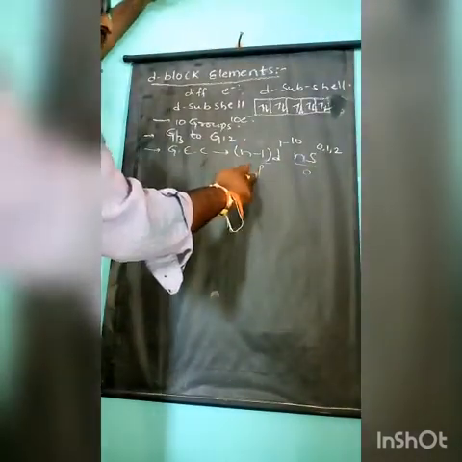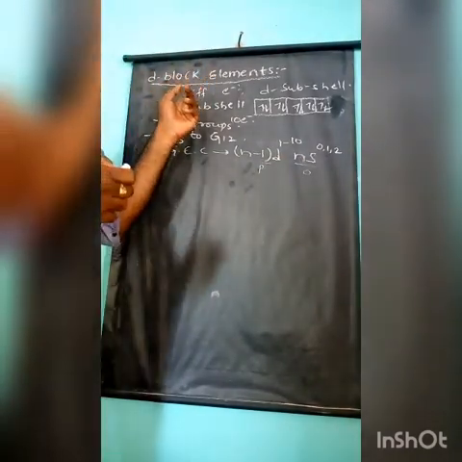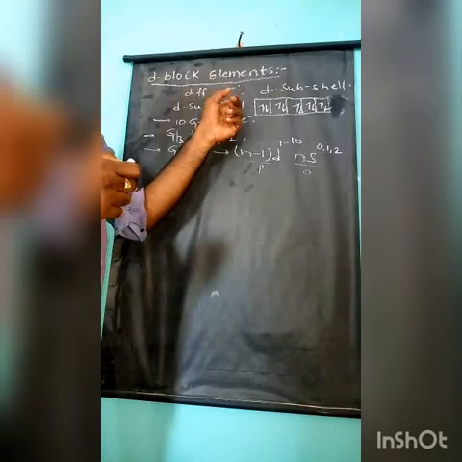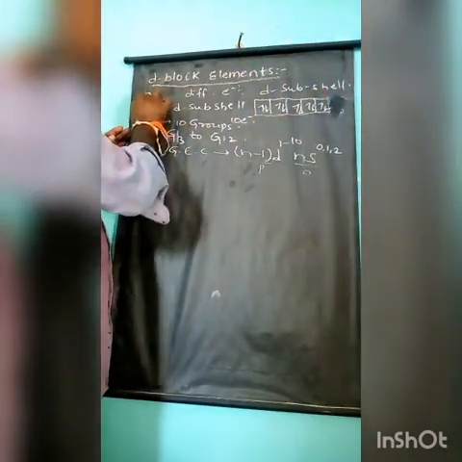So we can define d block elements as the elements in which the differentiating electron enters into the d subshell of the penultimate shell.